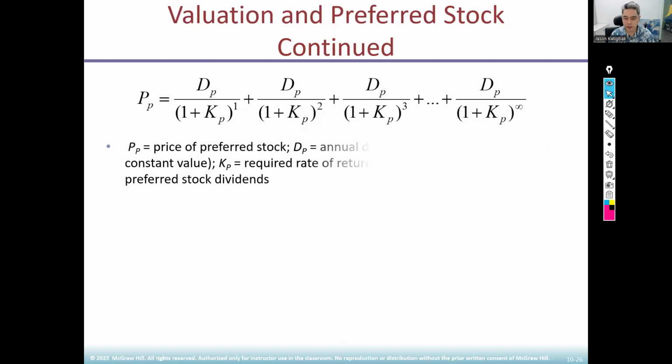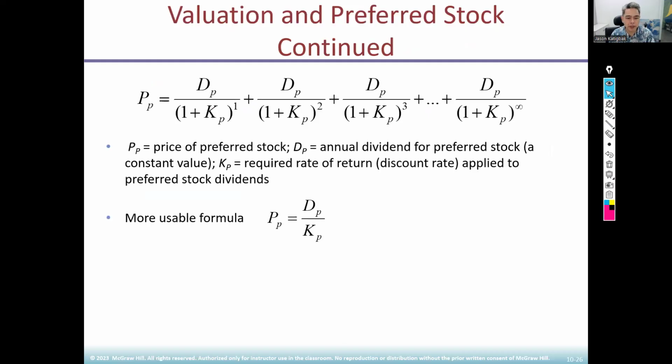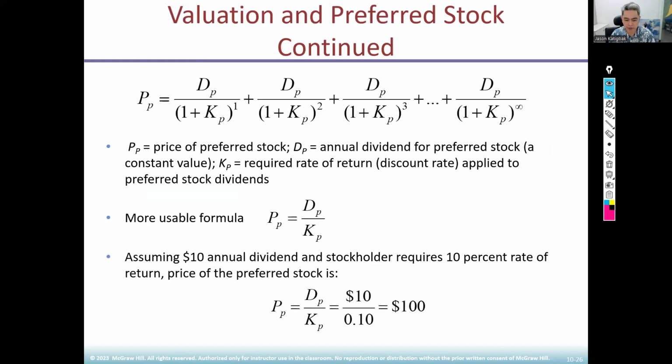Now, let me go straight to the calculation. The calculation looks like this, a bit long, but we'll make it easy, okay? So let me break it down. There you go. So this will be the price of the stock. There's a letter P, small p, which is the preferred stock. And then what you have as a numerator is actually the dividends for the preferred stock.